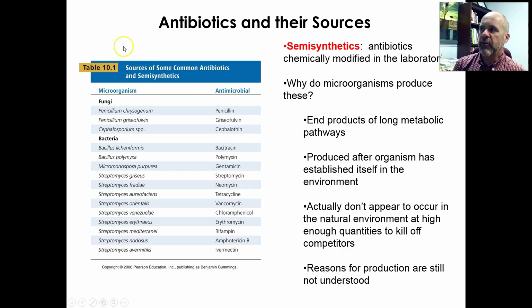Okay, here's a table from a previous textbook that we used, which is pretty good for just kind of giving you an overview of where some of these antibiotics come from. So these antibiotic drugs, those are the ones that are naturally produced by microorganisms. And here are some examples over here. So some of those are produced by fungi, but a lot of them are actually produced by bacterial species.